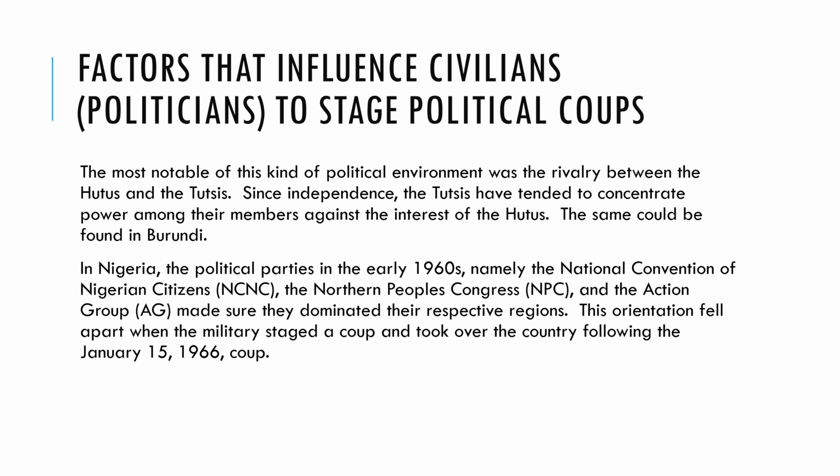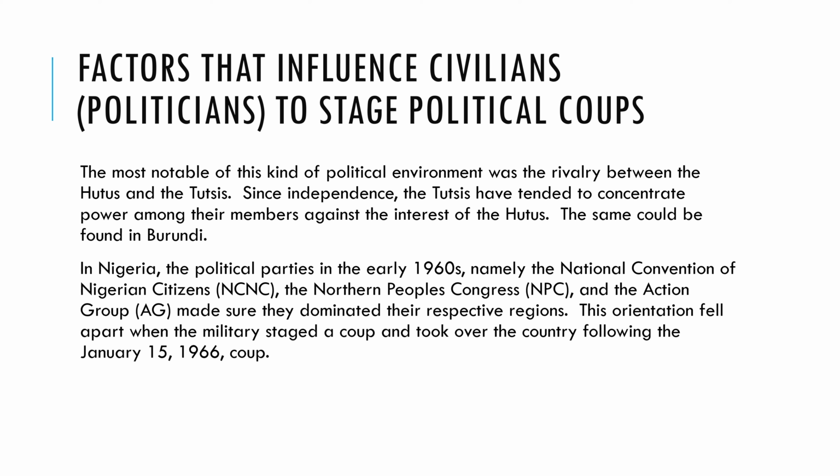The most notable of this kind of political environment was the rivalry between the Hutus and the Tutsis. Since independence, the Tutsis have tended to concentrate power among their members against the interests of the Hutus. The same could be found in Burundi.